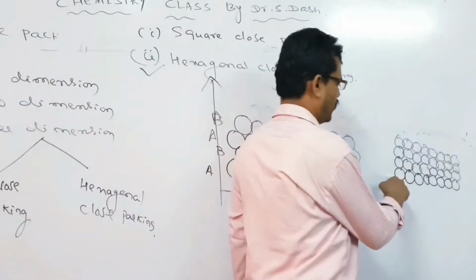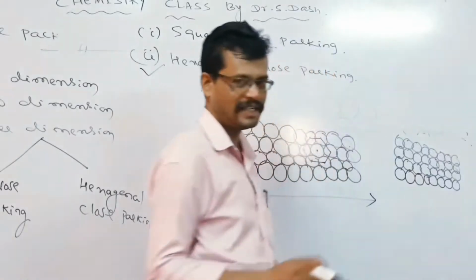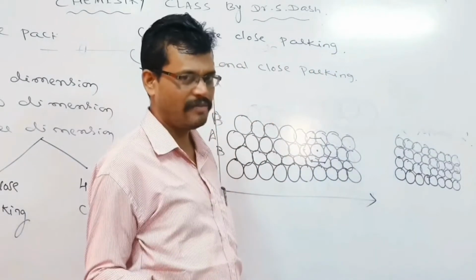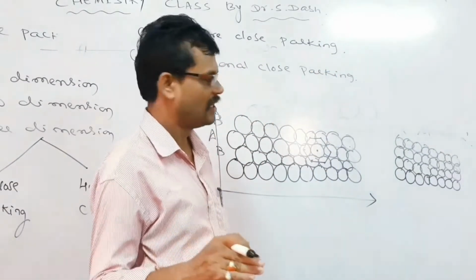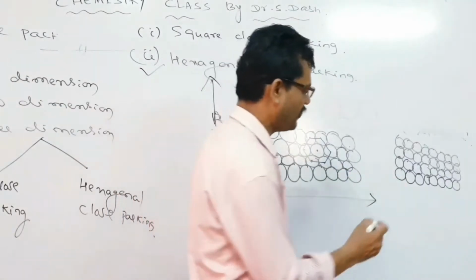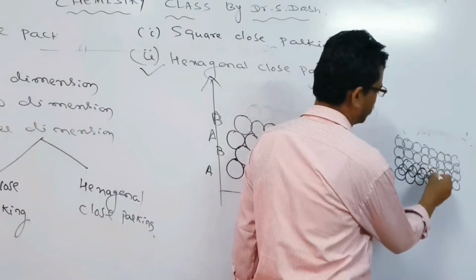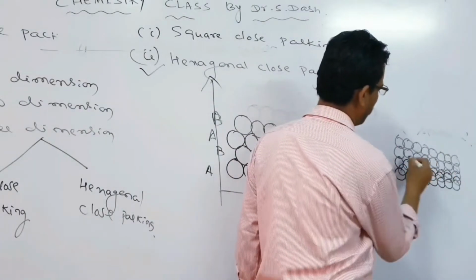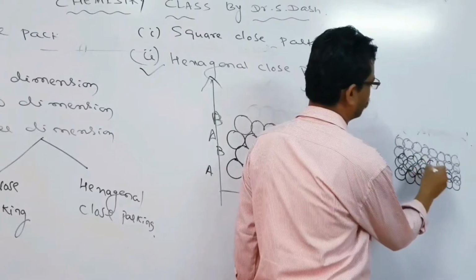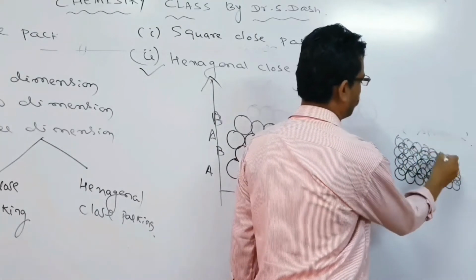That means this is the first layer. On this layer, exactly in horizontal as well as vertical manner, we can keep the spheres just above it. So what will happen? The same spheres will repeatedly come at these places, with the same arrangement going on. This is another layer above it.